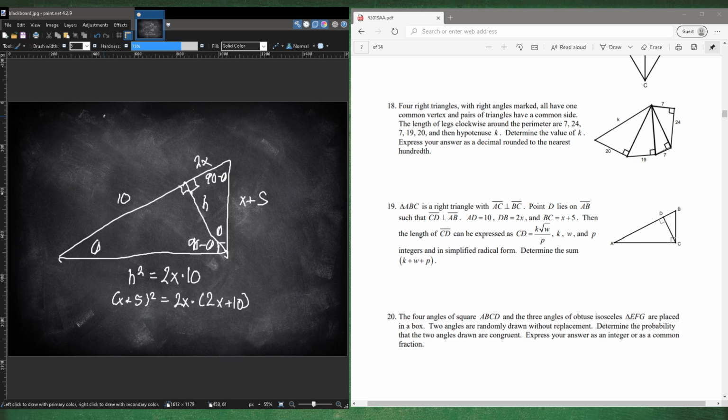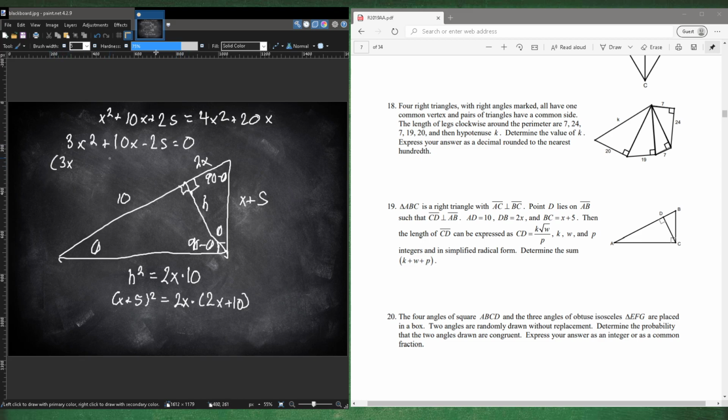So expanding that out, that's x squared plus 10x plus 25 is equal to 4x squared plus 20x. So moving everything to one side, we get 3x squared plus 10x minus 25 equals 0.